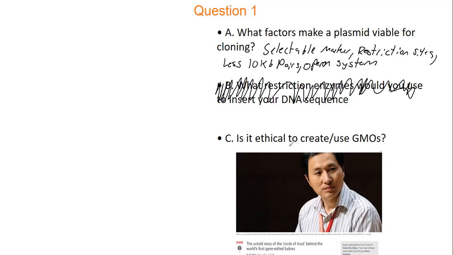So what this scientist did, without telling the rest of the scientific community, is that he made 3 babies into which he introduced the mutations to try and make them HIV resistant. He basically made GMO babies. He made the twins Lulu and Nana, and the third baby, whose name I can't remember, was born like 6 months after Lulu and Nana.